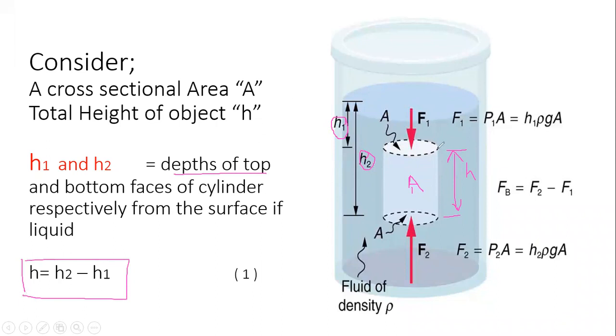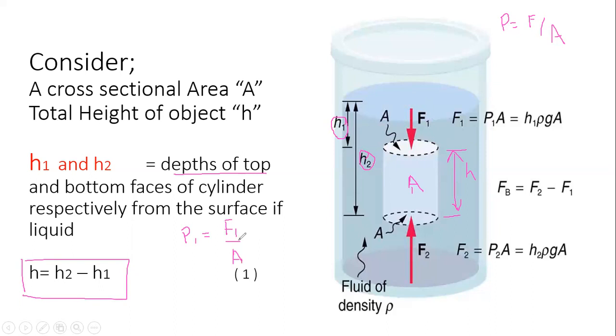Now what about the force? As we know, P equals F by A. Now for face 1, P1 equals F1 by A. Why not A1? Because the area is constant.